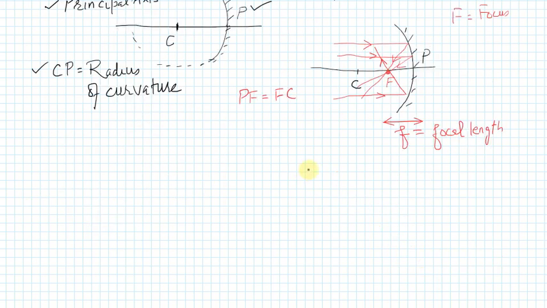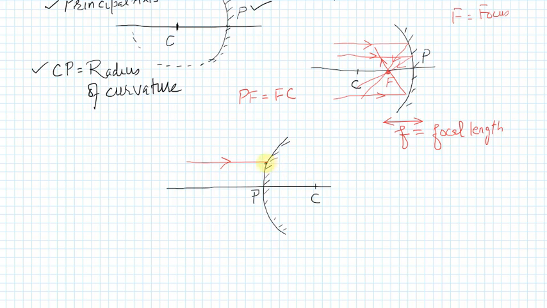Now what if this mirror happens to be a convex mirror? Okay, let's see. So this is a convex mirror, right? This is point P, and this is the center of curvature. Now obviously the incident ray will come from this side, parallel to the principal axis as the condition was.